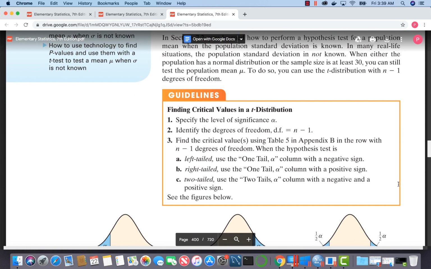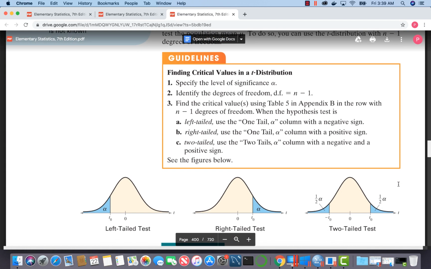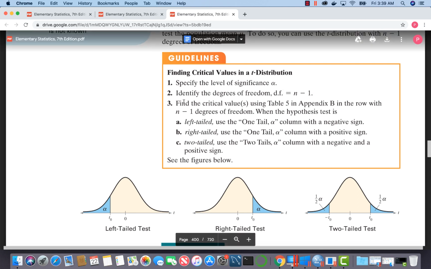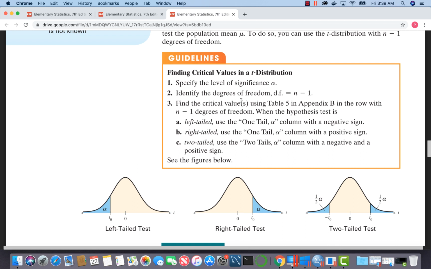So the guidelines are as follows, and you can use them as a template for other tests as well. The first thing, the level of significance alpha is specified. The degrees of freedom are n-1, n being the sample size.